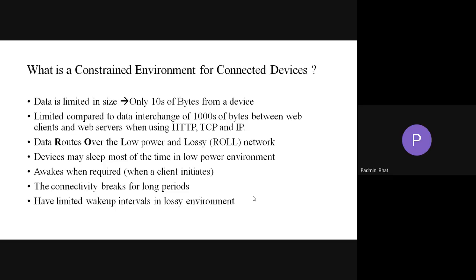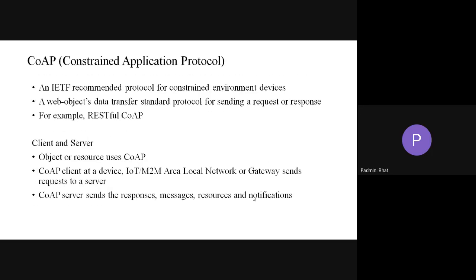Actually, why do you get that constrained environment? The IETF, an international body, recommended a protocol for constrained environment devices. It is a web objects data transfer standard protocol for sending a request or response. That is RESTful CoAP. So RESTful CoAP is a constrained one, as I have told you.